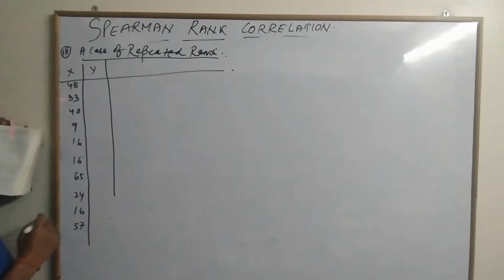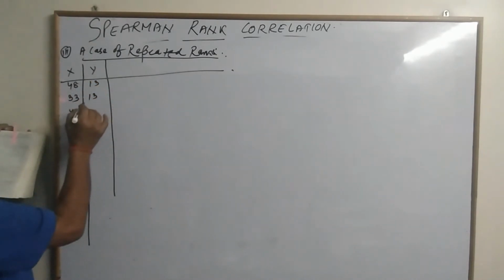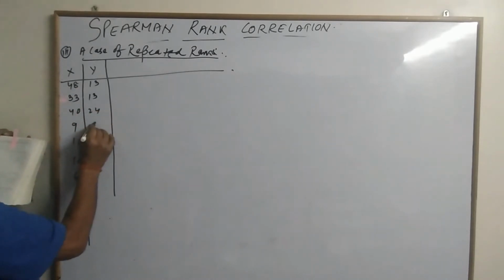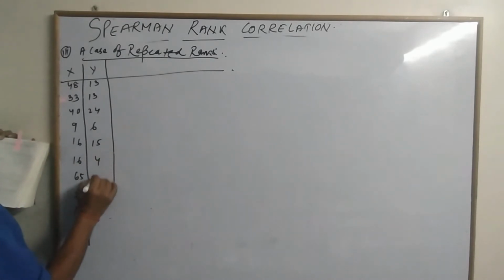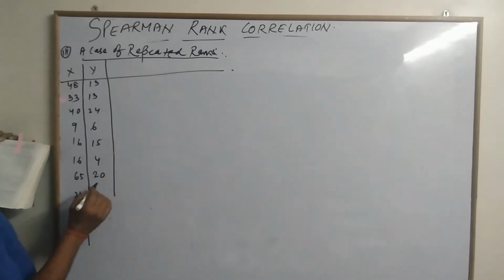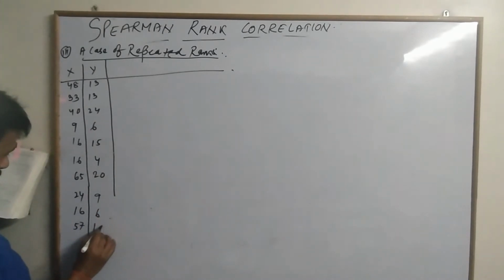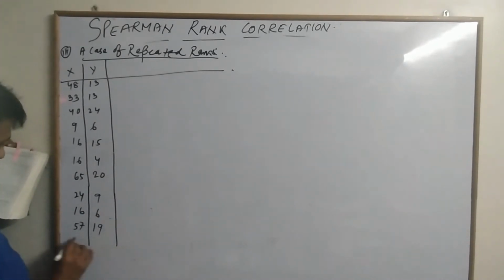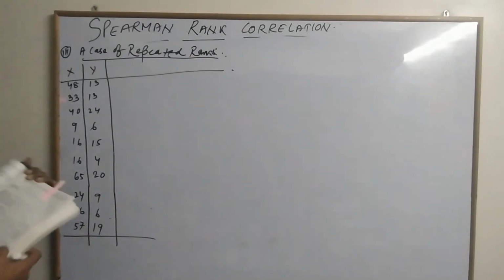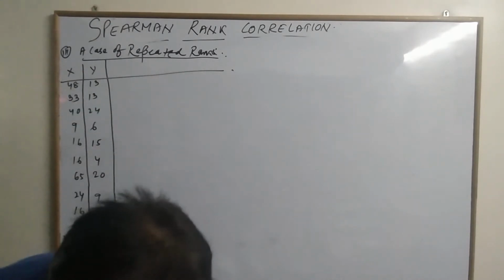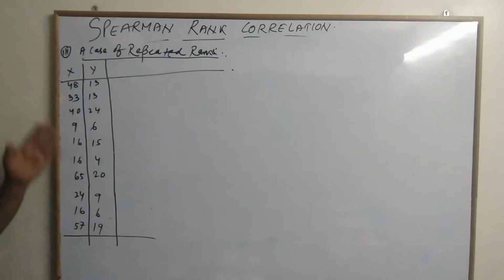These are the x column, and this is the y column. So this is the sum, and rank correlation has been asked.